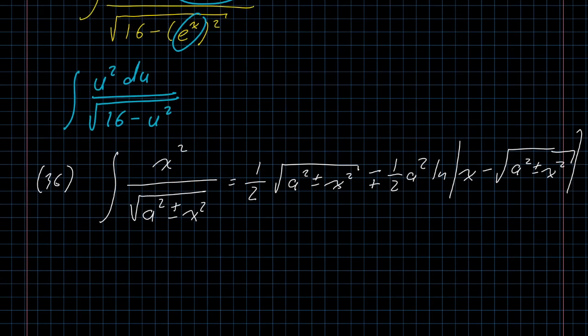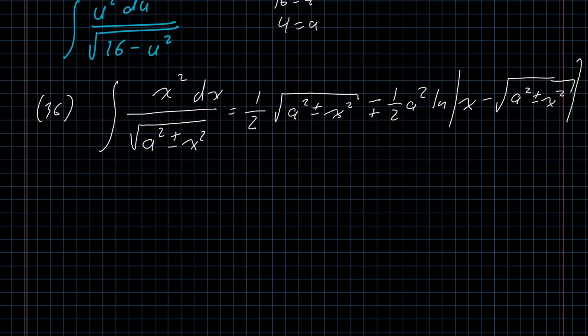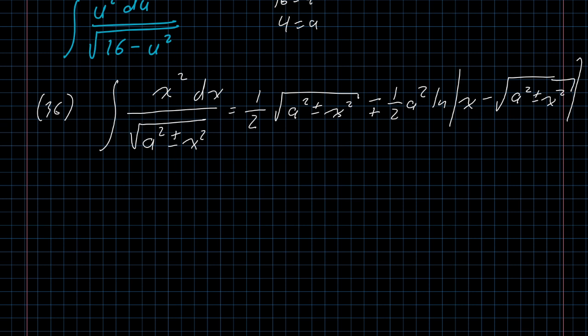Okay, and from there, we've got u instead of x. We've got 16 instead of a squared. So if 16 is equal to a squared, that means that 4 is the value of a. And we can start plugging in. We're going to have 1/2 the square root of 16 minus u squared.